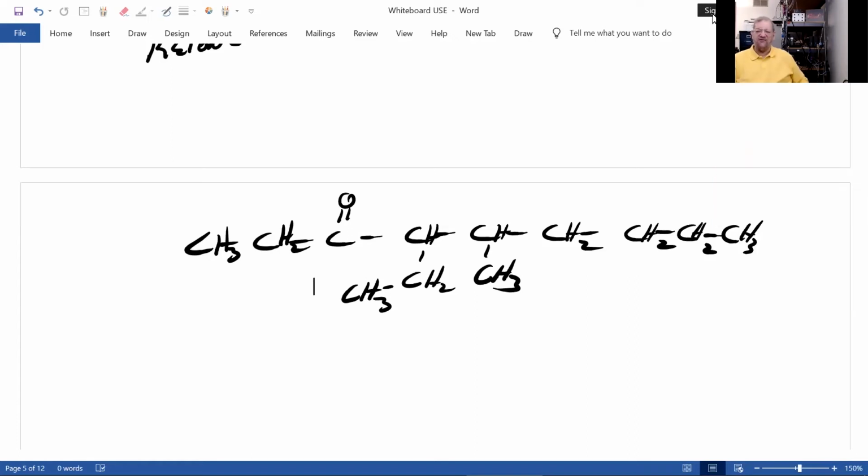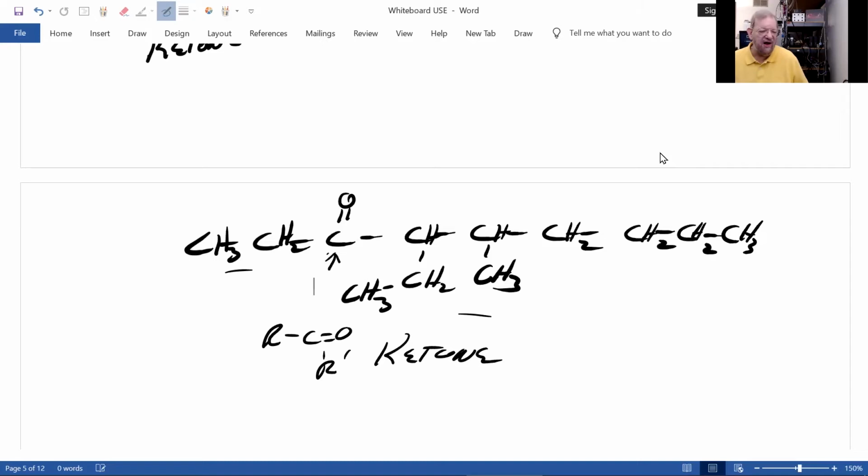Let's do it. All right, look at what's different, what's not carbon, what's not hydrogen, what's not a carbon single bond. Carbonyl group. And it's got carbons on this side, carbons on this side, and that's a ketone.